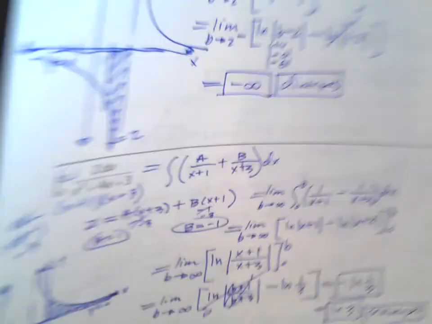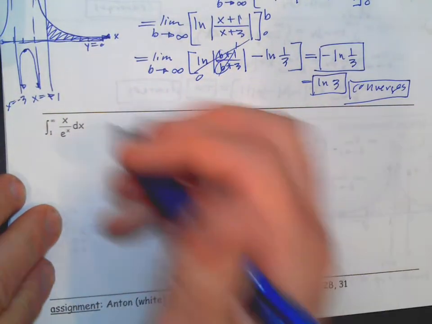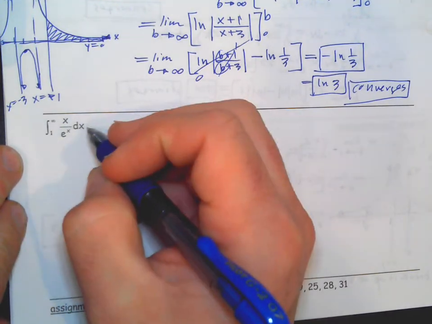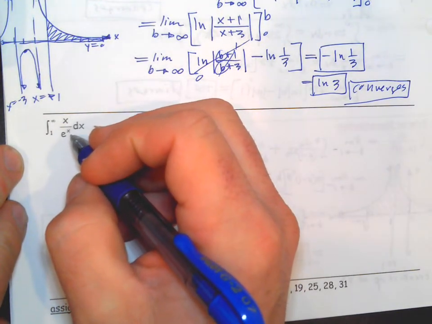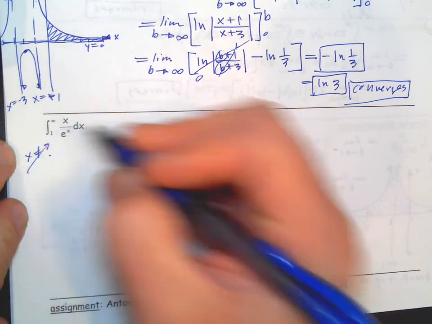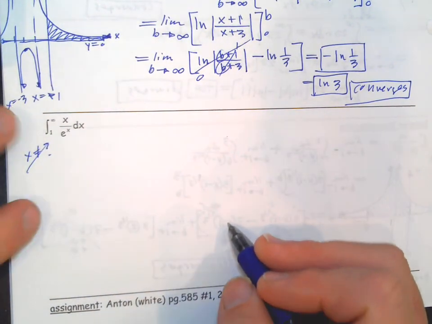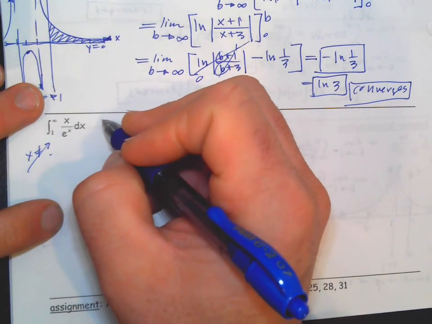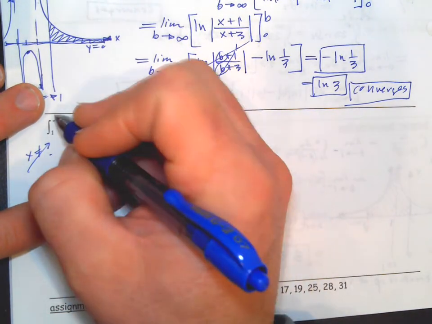All right, one more. This one doesn't have any infinite discontinuities at all. No vertical asymptotes, right? None at all. So this is really just some more practice from yesterday. It's going to infinity.